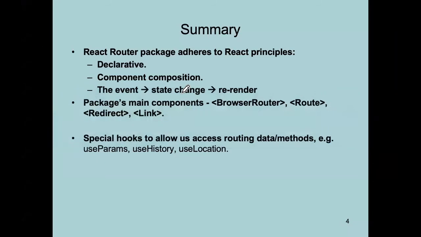and supporting component composition. What I mean by this third point here, that it follows the event, state change, re-render model. What I mean by that is anytime the browser's URL address changes, that's modeled as an event within the browser itself. And when that event occurs, it's the React Router library that handles that event.